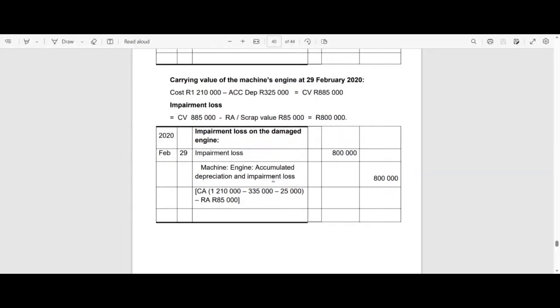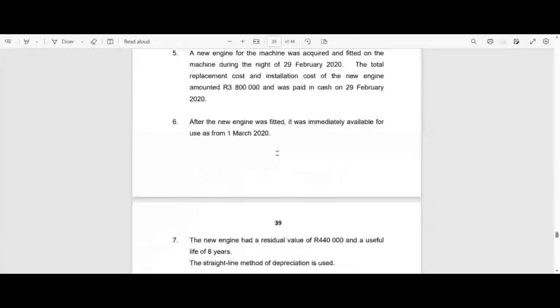Or I would have rather started a new separate account, which I would then call machine colon engine colon accumulated impairment losses. But if you use the combined account, it makes it a little bit shorter. Okay, so now we've got to go and de-recognize the old engine, right, ladies and gentlemen?